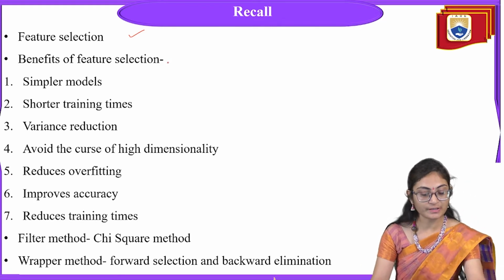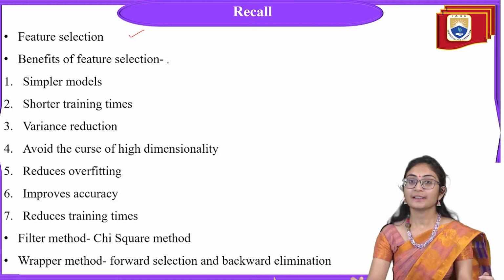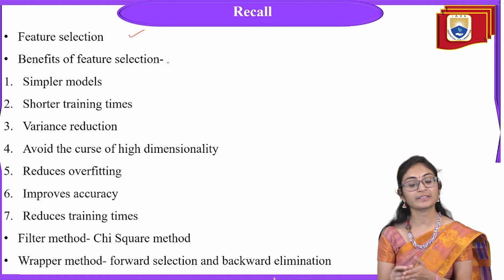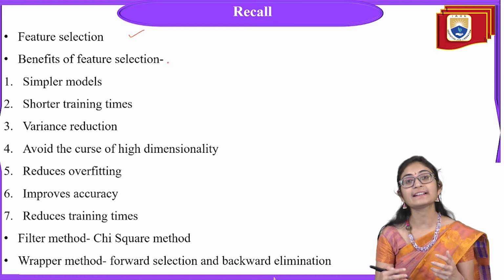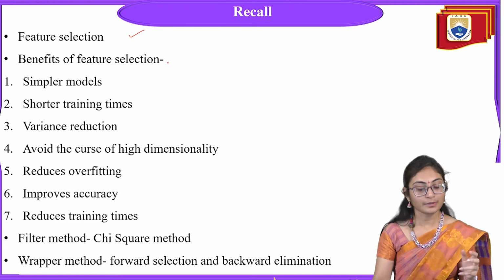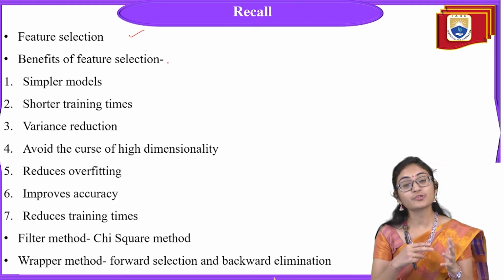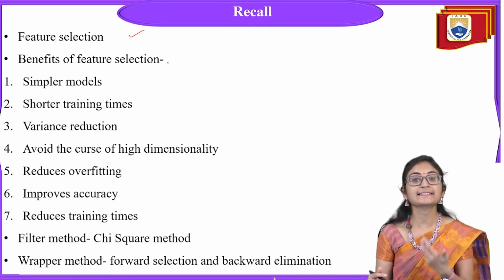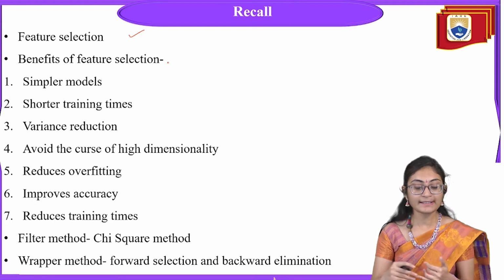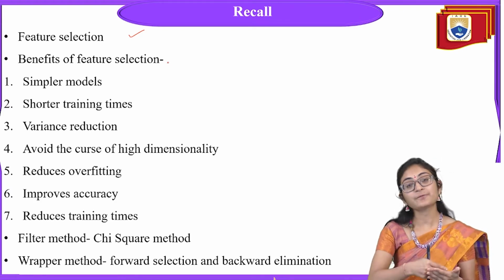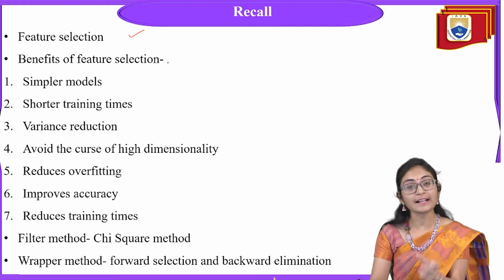In feature selection, we get simpler models, then shorter training times. If you use the feature selection method, then automatically your model will become very simple and it will be very easy for you. It will shorten the training time; it will take less time to train the model. Then it will reduce the variance of your data. If your data has high dimensionality, it will avoid that.